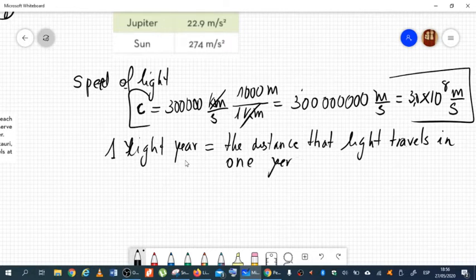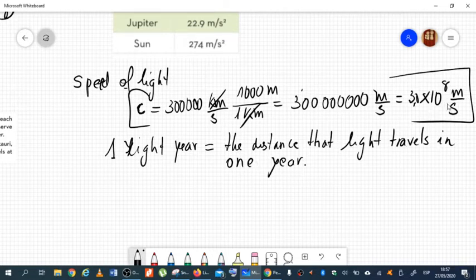Sorry. Okay? So 1 light year, un año luz, is one distance. It is not a time, it is a distance. It is the distance that light travels in 1 year.